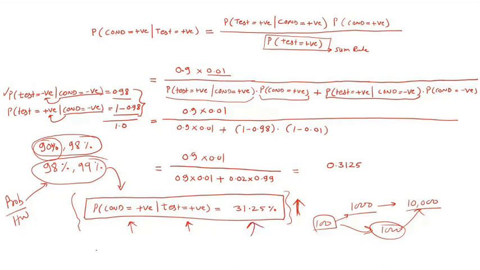Okay, then you can have part B of this problem. You will compute the probability of condition being negative when test is negative. What will this be?